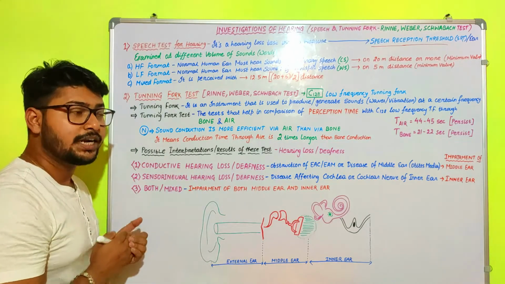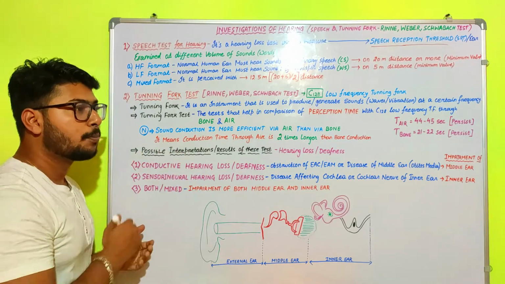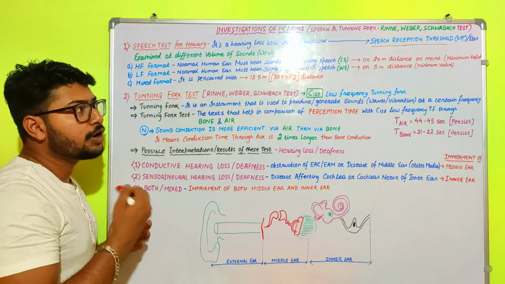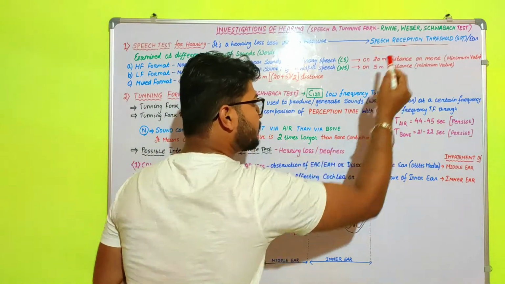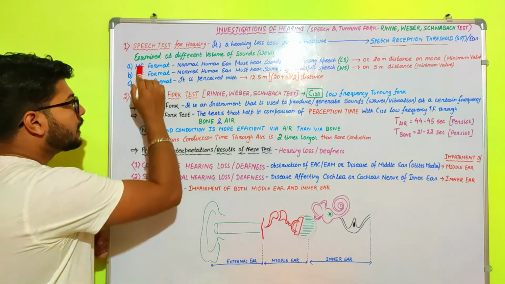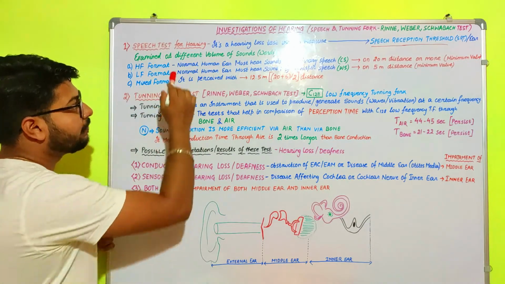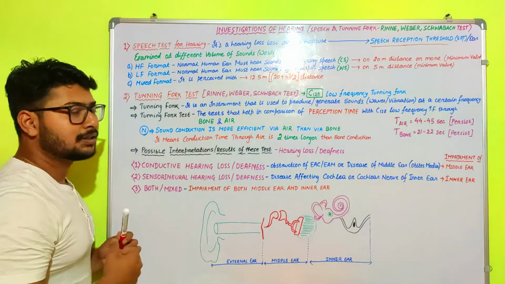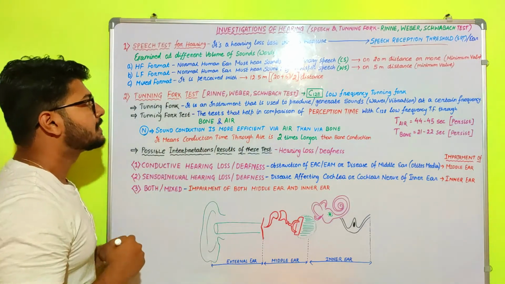According to the different volumes of sound provided, the audiologist finds the speech reception threshold of each ear of the patient. So it is examined at different volumes of sound, that means of the words the audiologist says.